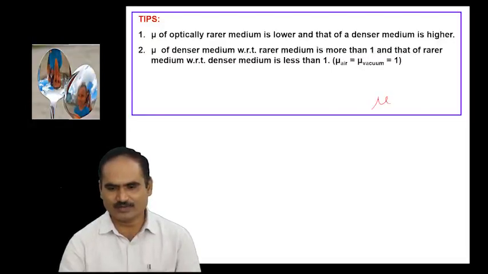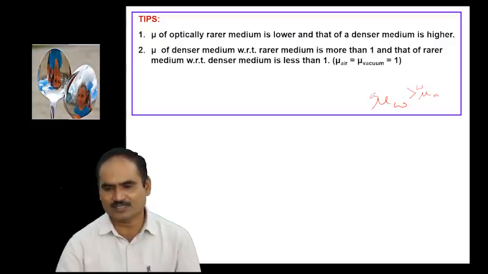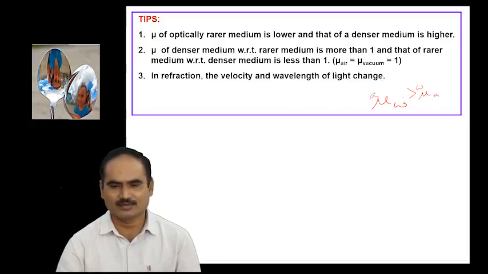Suppose the refractive index of water with respect to air is greater than the refractive index of air with respect to water. That's the refractive index of the denser medium with respect to the rarer medium, and the rarer medium to the denser medium is smaller, right?